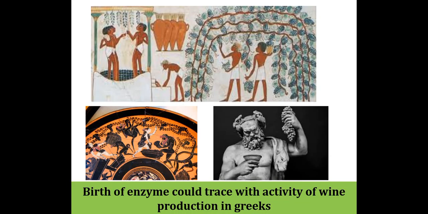The discovery of enzymes took place with the Greek and Roman people. They produced wine, using grapes for fermentation, and during this process yeast is used, and in that yeast some kind of substances might be present, and due to that the fermentation takes place.